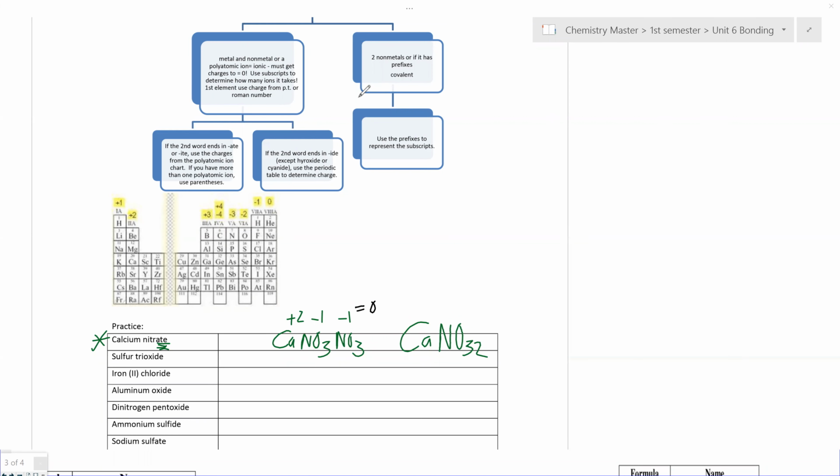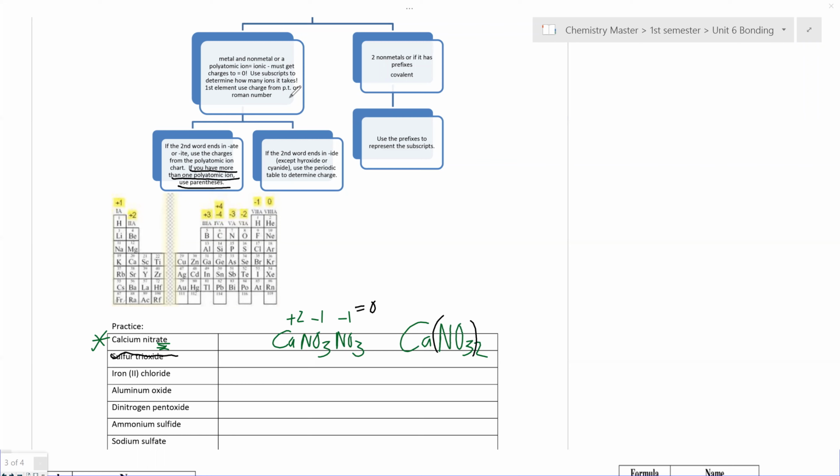We have to put our parentheses. So anytime you have more than 1 polyatomic ion, please use parentheses. So Ca(NO3)2. That NO3 needs to go into parentheses. Excellent.